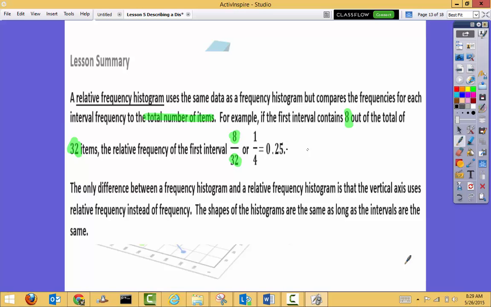And then we can take that and convert it to a percent. The only difference between a frequency histogram and a relative frequency histogram is that the vertical axis uses relative frequency instead of frequency. That is the only difference. My shapes are the same as long as the intervals are the same.